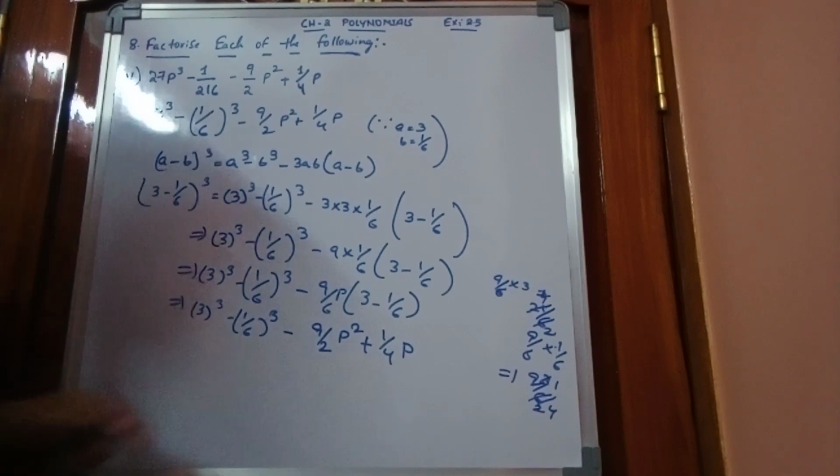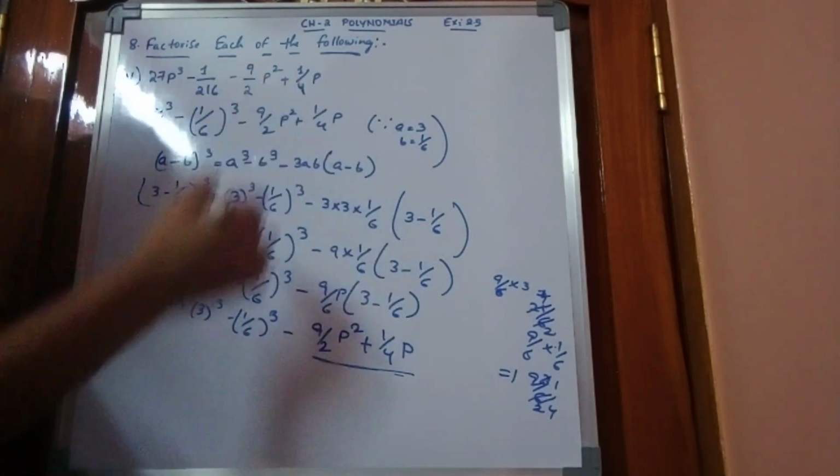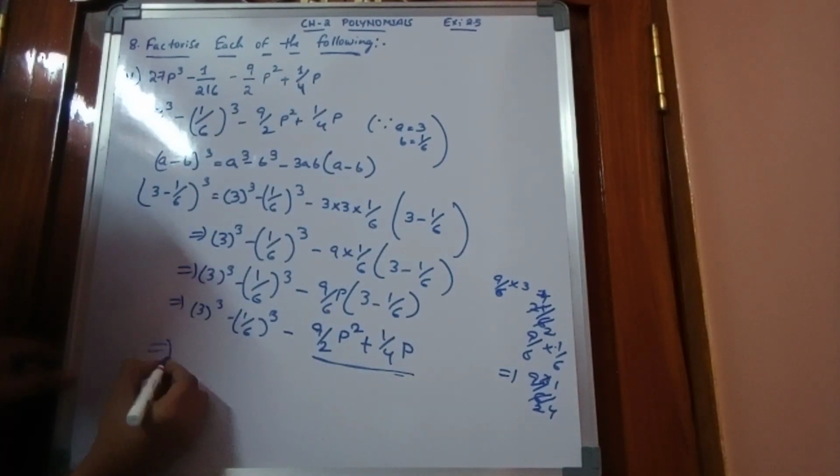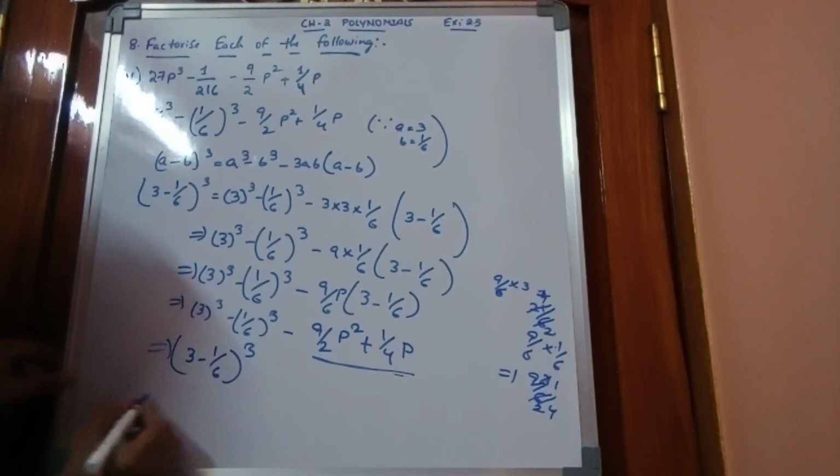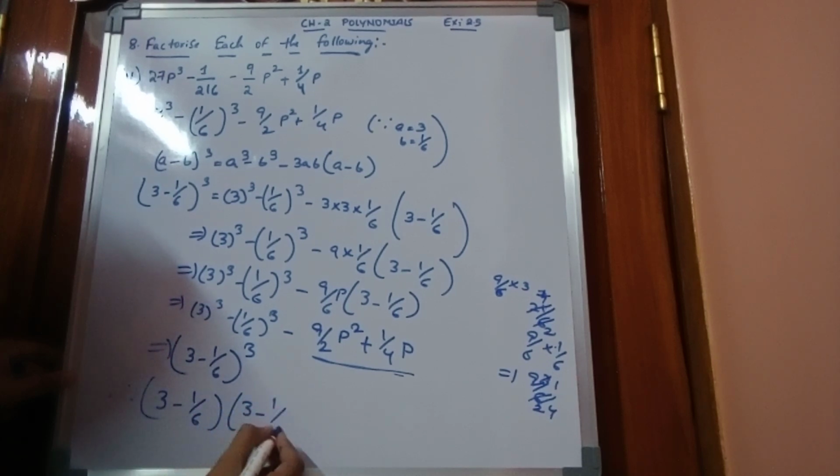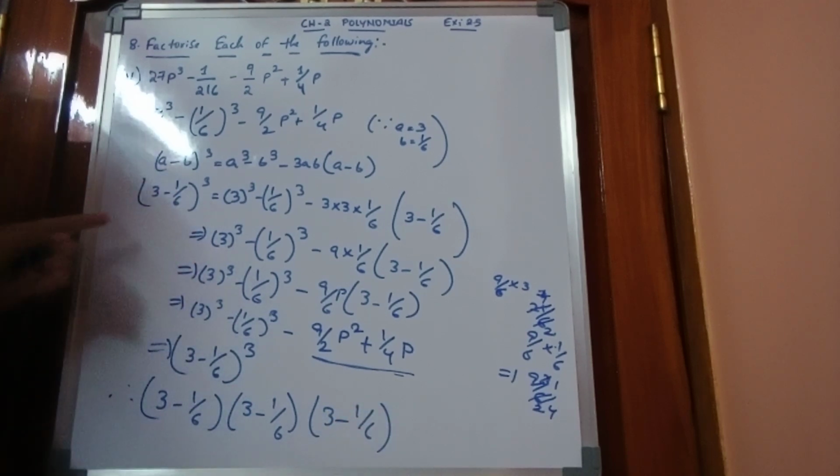So we got the same terms in the question. So this implies (3p minus 1 by 6) whole cube. So therefore (3p minus 1 by 6), (3p minus 1 by 6), I am splitting the terms. So this is the answer of the fifth one.